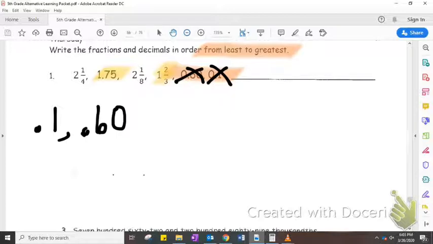If we were to take 1 and 75 hundredths and write it as a fraction, we can simplify this fraction to see if we can determine how it compares to 1 and 2/3.